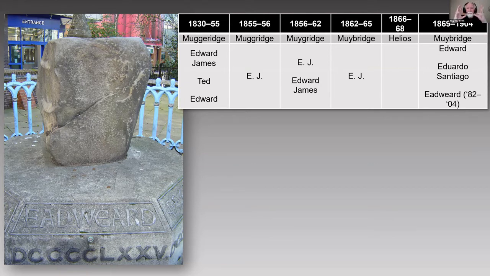He was a photographer of Yosemite, a pretty good, artistic photographer, who went by the name Helios. And then he changed again to Muybridge. And at that point, he changed the spelling of Edward to this weird spelling, Eadweard. Folks, it's just Edward. He took it from the coronation stone that you can see at the left in his hometown, Kingston on Thames, where several kings of England, 2 or 3 of which were named Edward, were crowned.